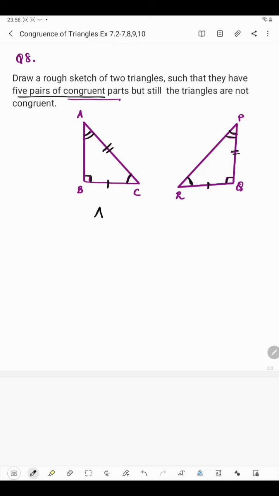this is triangle ABC, and this is triangle PQR, in which AB side is not equal to PQ. See here, this side AB is not equal to PQ because PQ is equal to AC, which is the hypotenuse of triangle ABC. In a triangle, 3 sides are there and 3 angles are there.